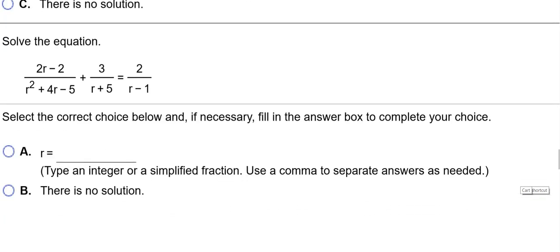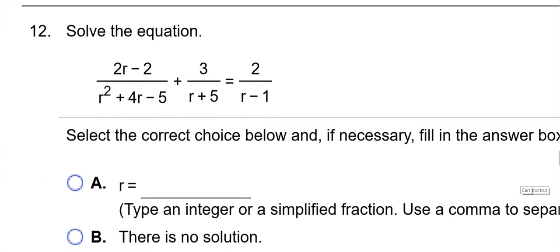Jump down to question 12. Factor that denominator. Two numbers that multiply together to give me negative 5, whose sum is positive 4.